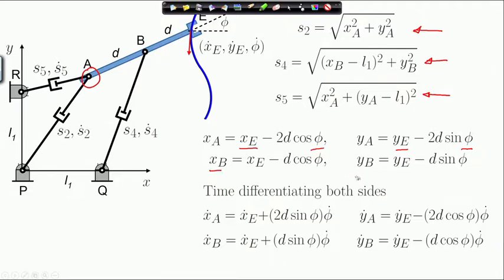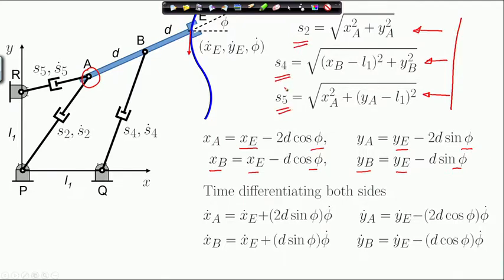Similarly, the coordinates x b, y b are related again to the end effector coordinates and phi. Now, if you time differentiate these relations, you will get the velocity relations, which you use in this set of 3 equations, which relate to the actuator expansion.